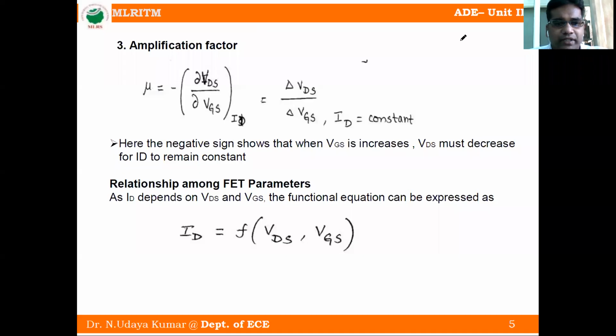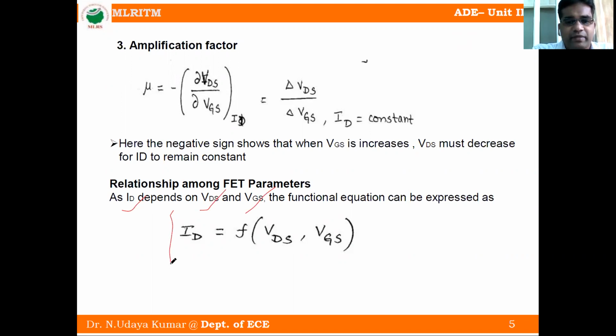So the relationship among FET parameters: we know there are three parameters, ID, VDS and VGS. The functional equation can be expressed as ID is equal to a function of VDS comma VGS.